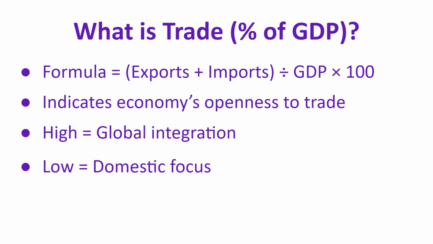Formula: exports plus imports divided by GDP, times 100. A higher percentage means a more open economy with strong global integration. A lower percentage means a more domestically focused economy.